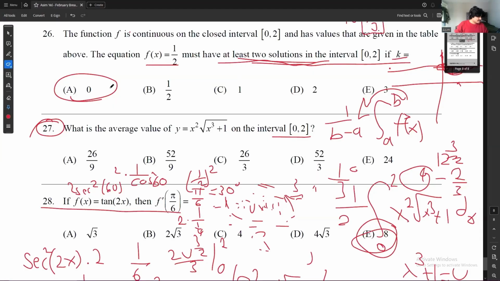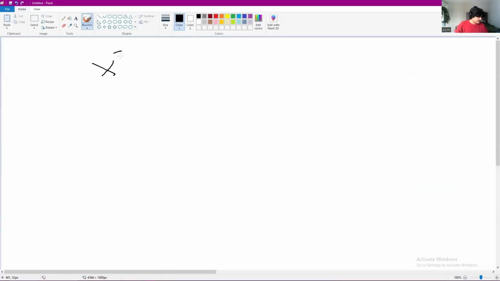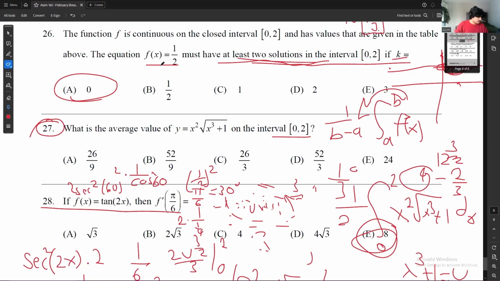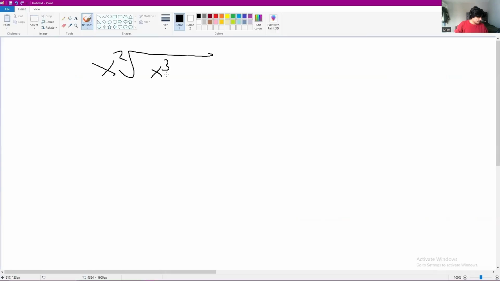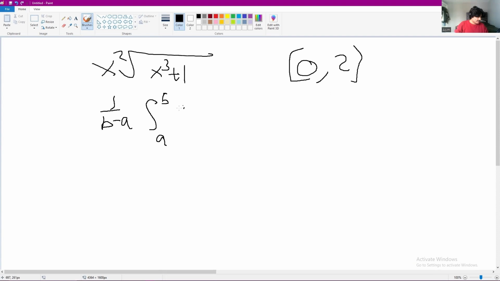Question number 27 is asking for the average value of x squared times the square root of x cubed plus 1 in this interval, 0 to 2. So for average value questions like this, we just have a formula, which is 1 over b minus a, integral from a to b of f(x) dx.